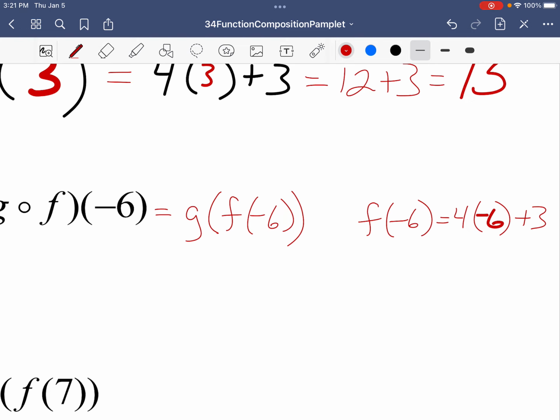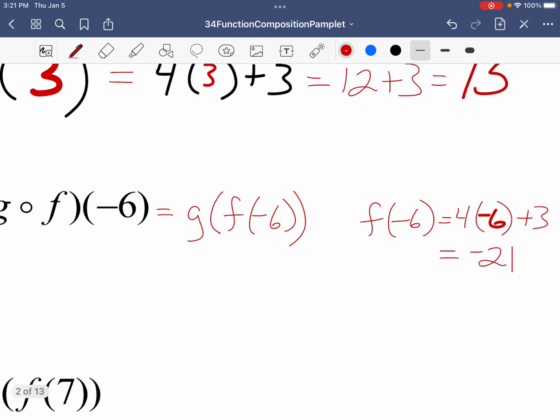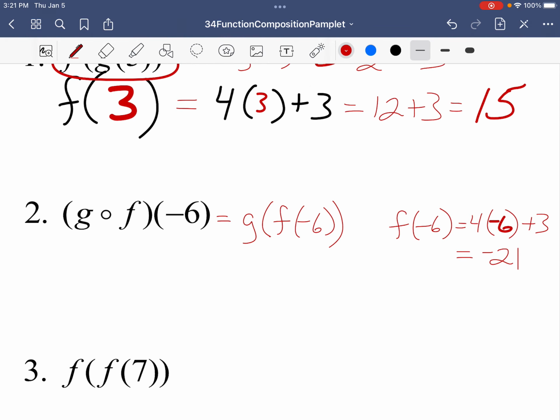So when I plug in negative 6, I get 4 times negative 6 plus 3, which is negative 24 plus 3, negative 21. Which means that f of negative 6 is the same as negative 21. So now it's like I'm being asked to do g of negative 21. What's g of negative 21?